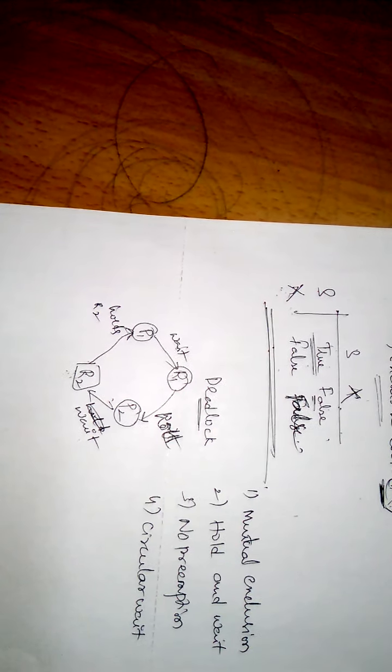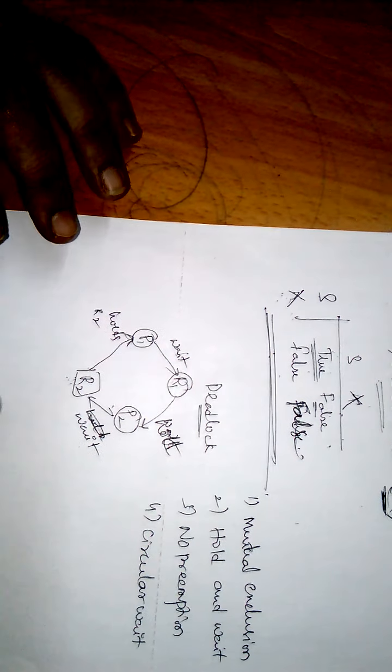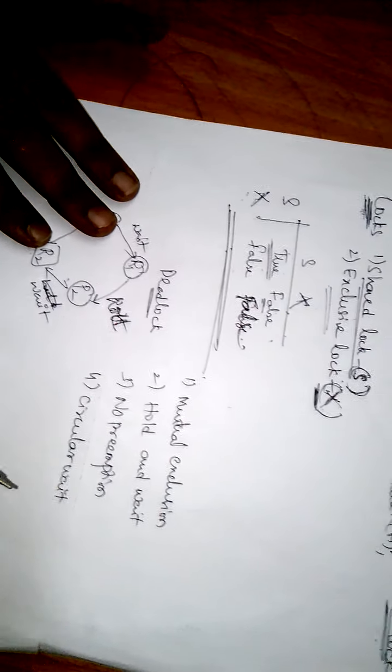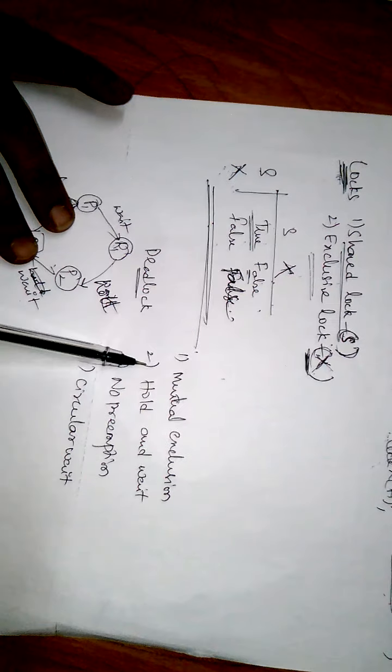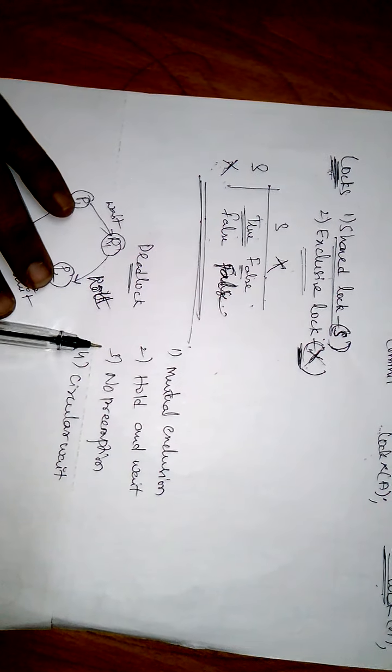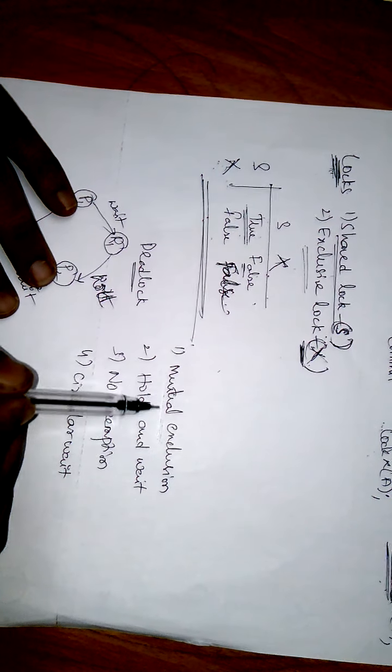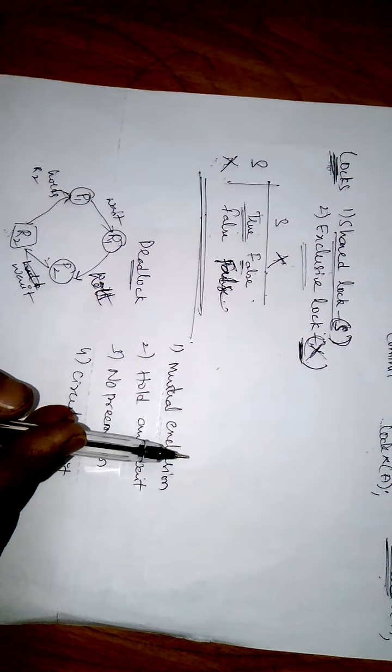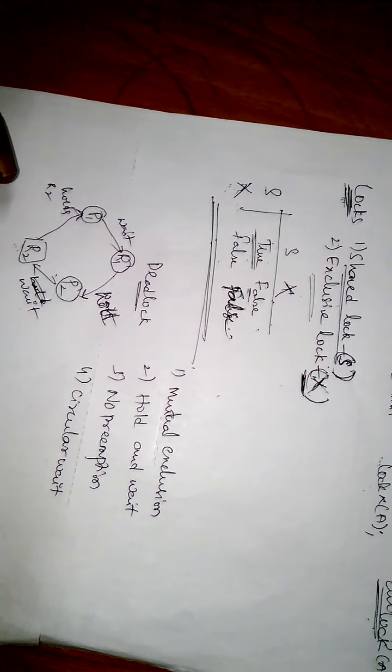So how does a deadlock occur? A deadlock may occur under some conditions. The first is mutual exclusion, which means at least one resource cannot be used by more than one process at a time.